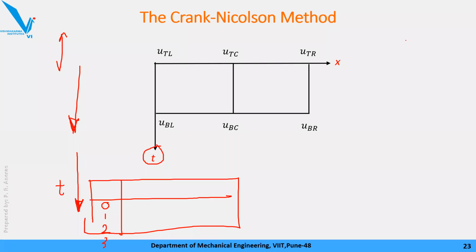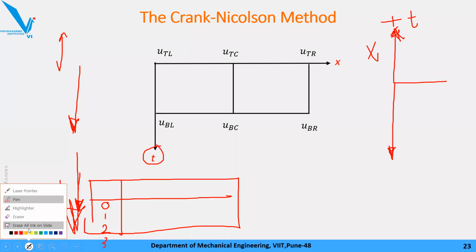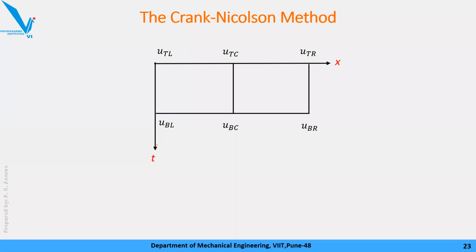Even though we know that if you plot a graph, t should be positive, right? Mathematically it should go like this, but this will not help us in the solution. So I changed it and took it downward, because it aligns with the table format. You will realize this when we go for the solution. Okay, so I made only one change, I took t downward.